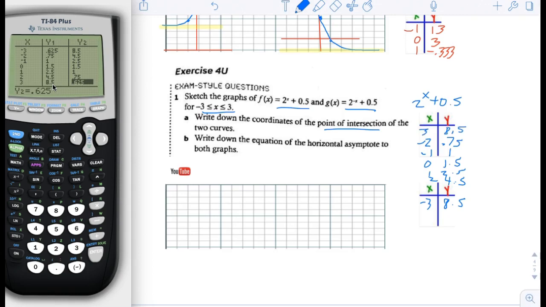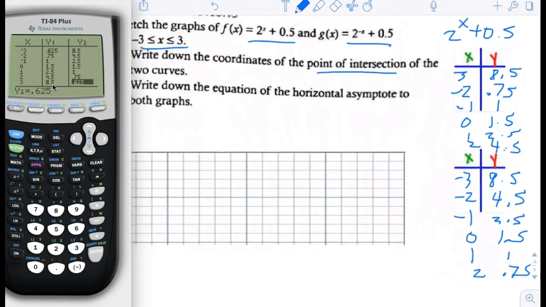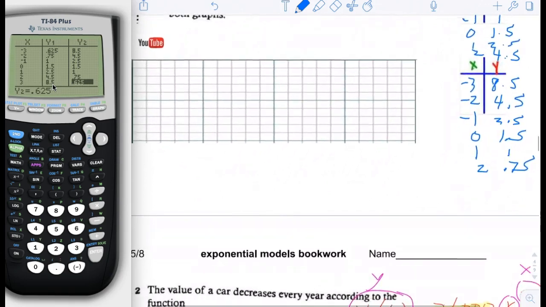Okay. -3, 8.5. -2, 4.5. -1, 2.5. 0, 1.5. 1, 1. And 2, 0.75. So let's try to graph this now.